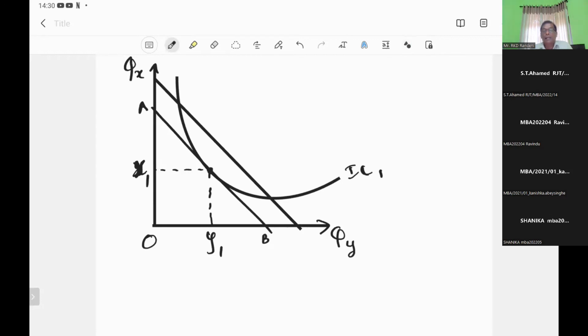Normally it should be parallel, right? Now it shifts to the right-hand side. Now the consumer can reach a higher level of indifference curve and he can gain more utility, right?